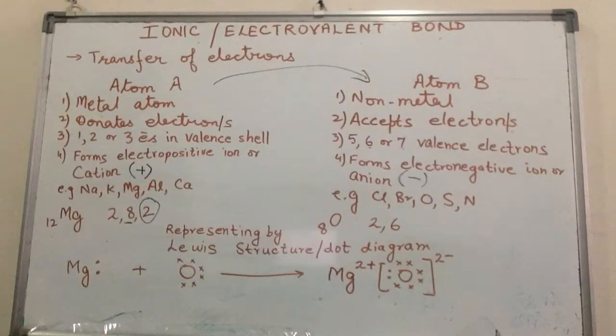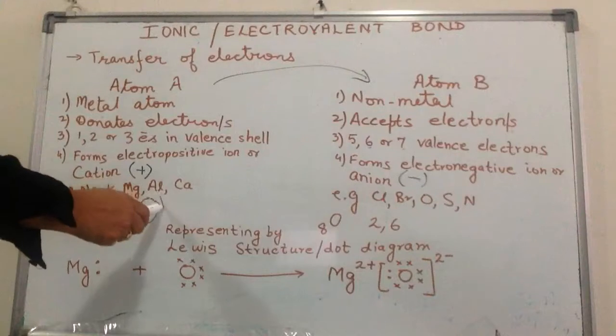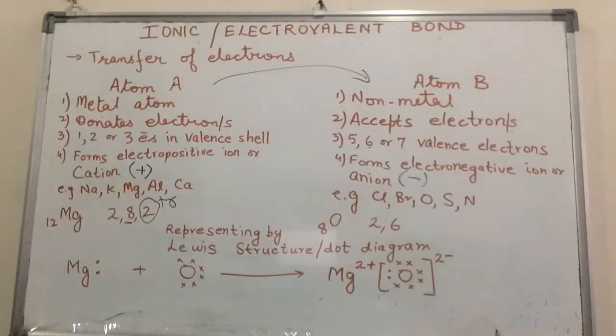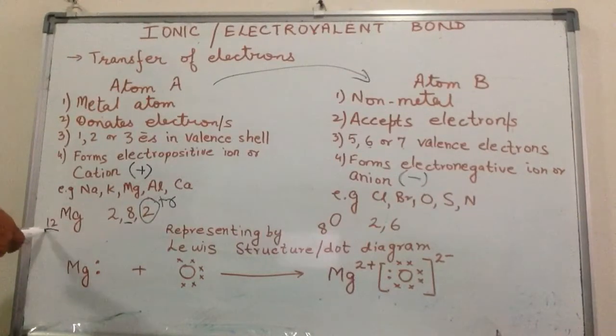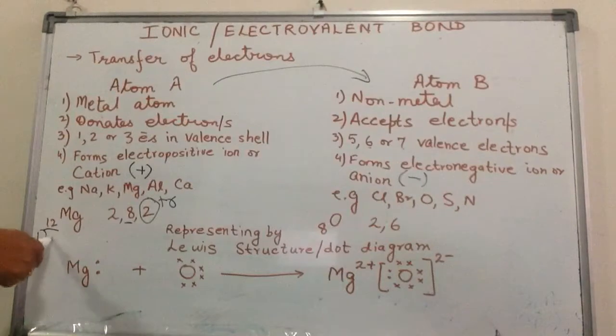Now, a thought that arises in our mind is, why not take up 6 electrons? Taking up 6 electrons means taking up a lot of load. It needs positive charge in order to handle that many electrons, which it does not have because it has only 12 protons in its nucleus. If you remember, atomic number is the number of protons or the number of electrons in an atom.